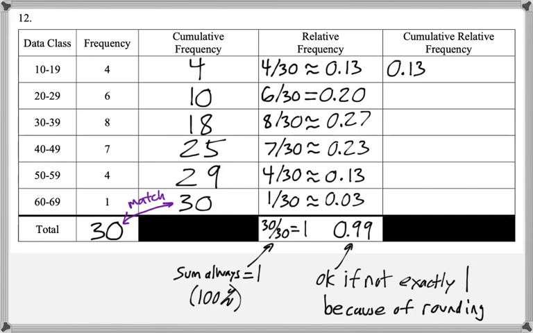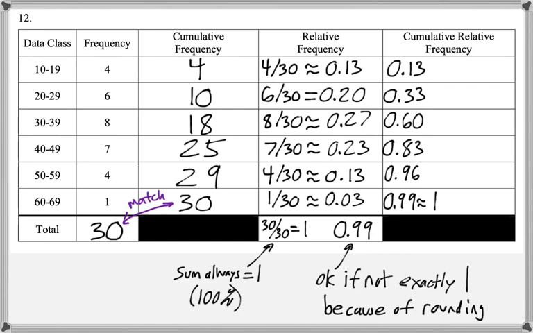And then I want to add 0.20, which will give me 0.33, and then add 0.27, which is 0.60, and then add 0.23, which is 0.83, and then add 0.13, which will give us 0.96, and then add 0.03, which will give us 0.99, which again is approximately 1.